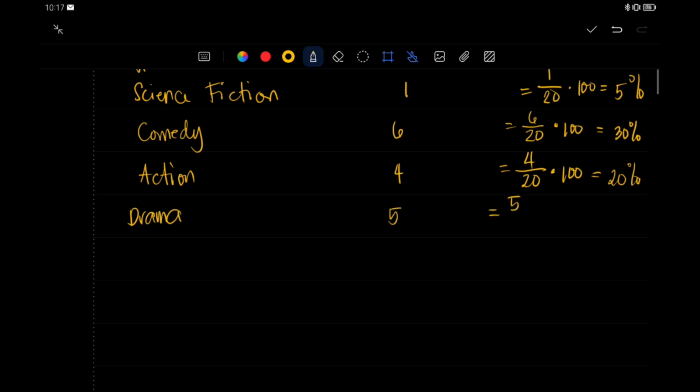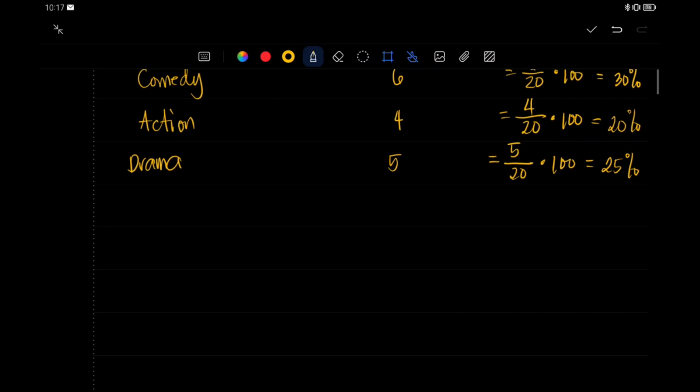So this is 5 divided by 20 times 100, equal to 25%. The next one we have is romance. Romance has 4, which is the same as action. That is 4 divided by 20 times 100, equal to 20%.